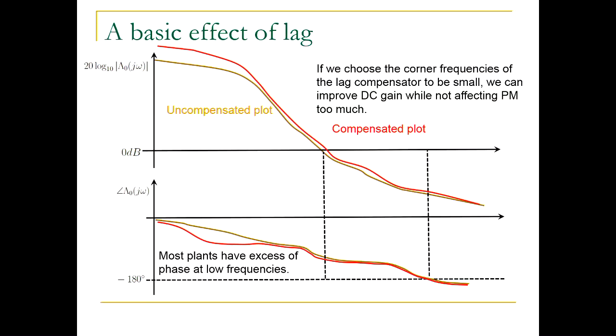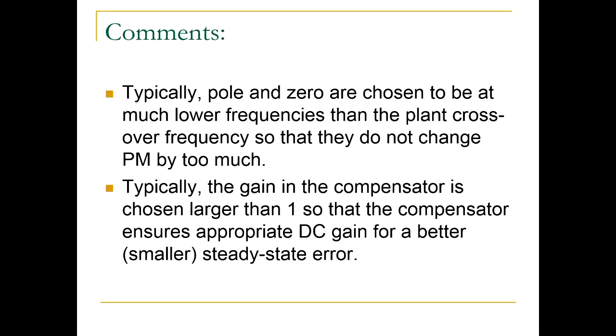So they are the two basic uses of lag compensators. All right, so typically also the gain of the compensator is chosen larger than 1 so that we ensure appropriate DC gain for better or smaller steady state error.